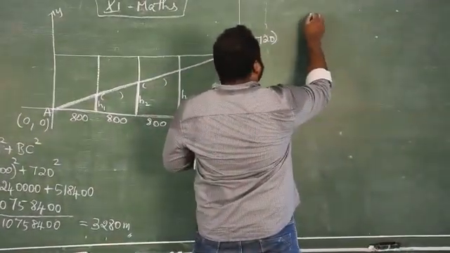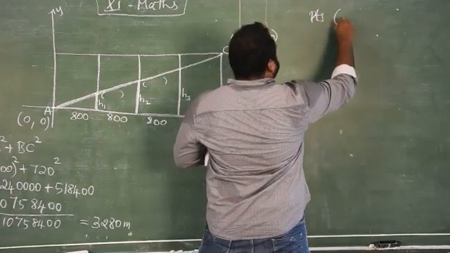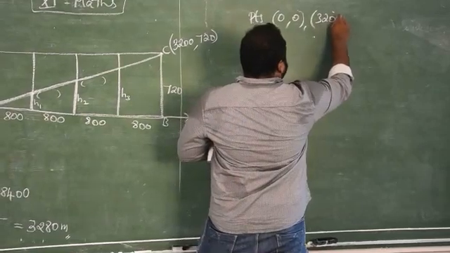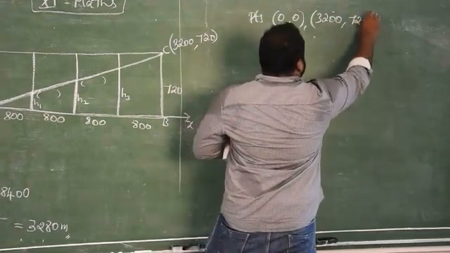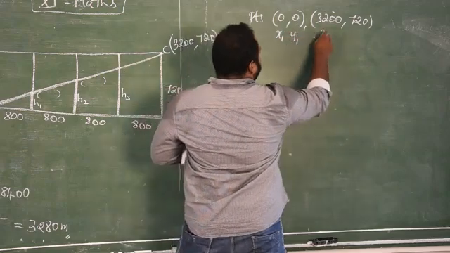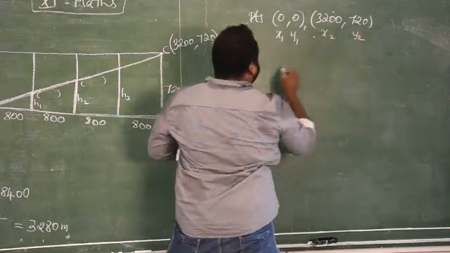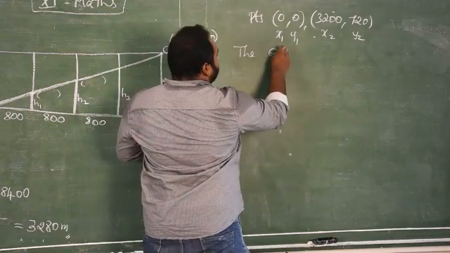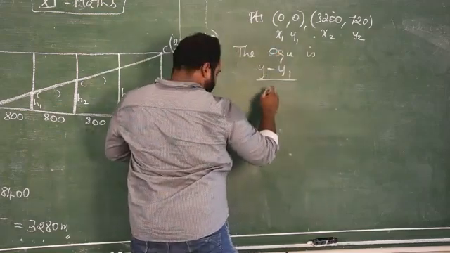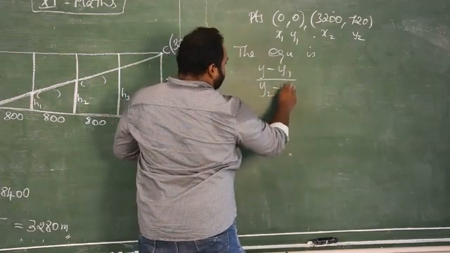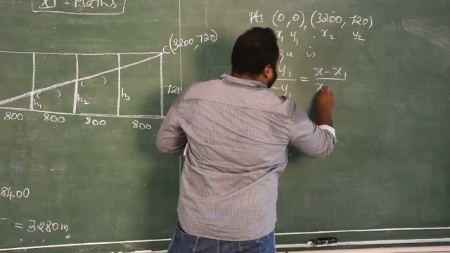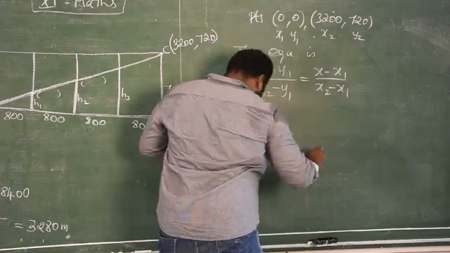So the points are 0, 0 and 3200, 720. This is x1, y1, x2, y2. By using the equation (y minus y1) by (y2 minus y1) equal to (x minus x1) by (x2 minus x1).